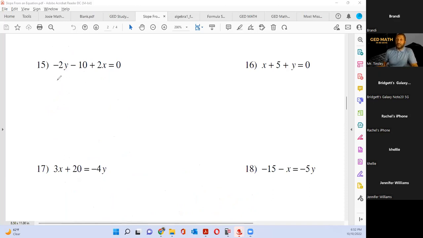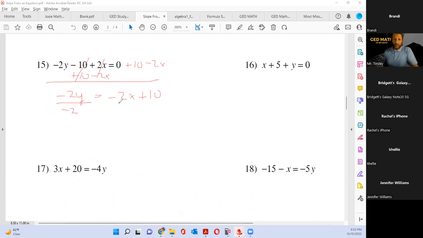They want you to do this. Add 10, subtract 2x. Whatever I do to one side, I do to the other. Minus 2y, the 10's cancel, the 2x cancel: minus 2x plus 10. In order to get y by itself, I divide by -2.